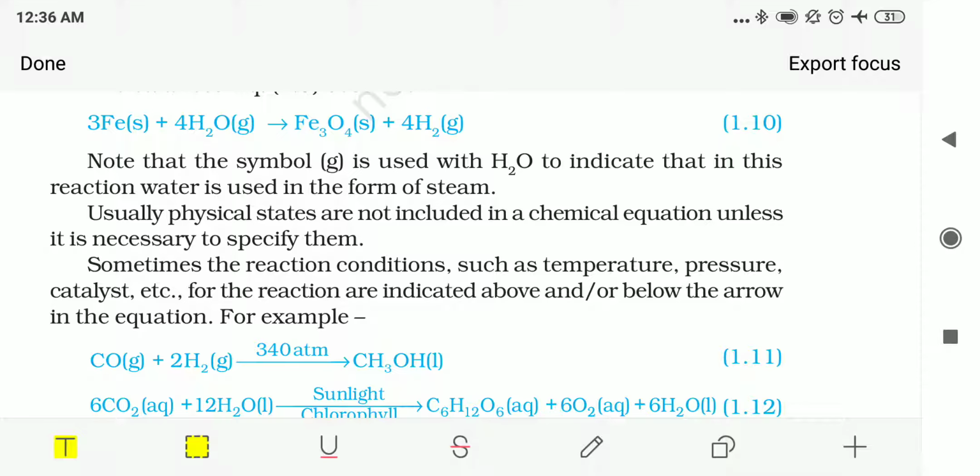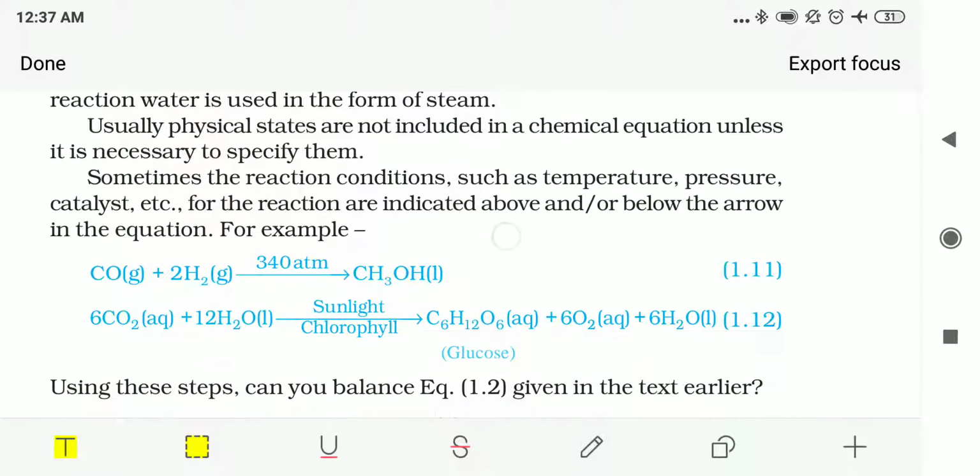Usually, physical states are not included in a chemical equation unless it is necessary to specify them. Sometimes the reaction conditions such as temperature, pressure, and catalyst, etc. for the reaction are indicated above or below the arrows in the equation.